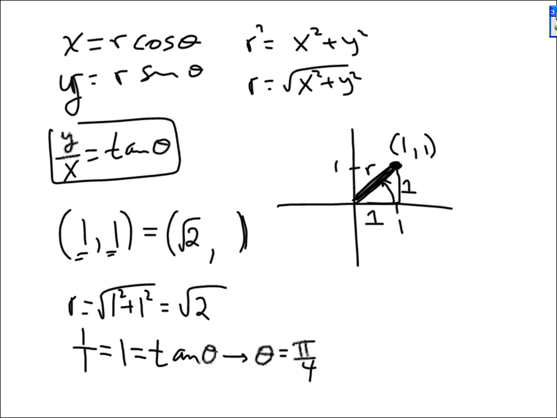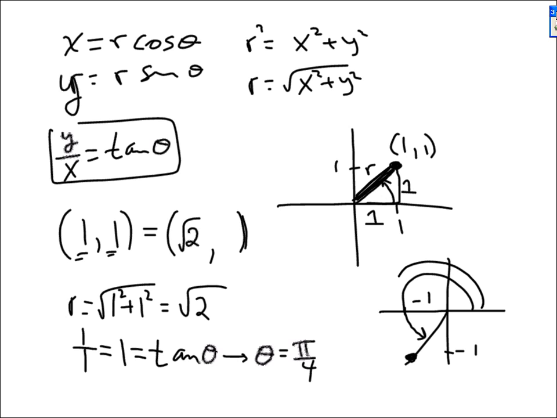Now, if they would have given me the point negative 1, negative 1, then I would have used that angle. Up to here is pi, and this is still pi over 4, so the whole angle would have been 5 pi over 4.